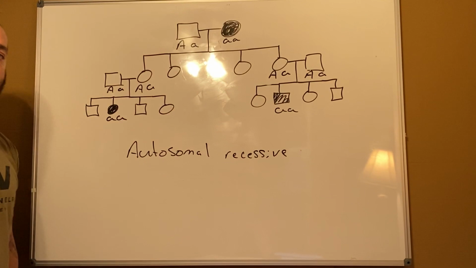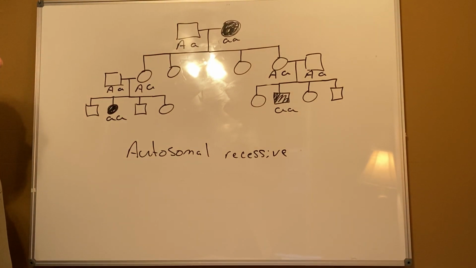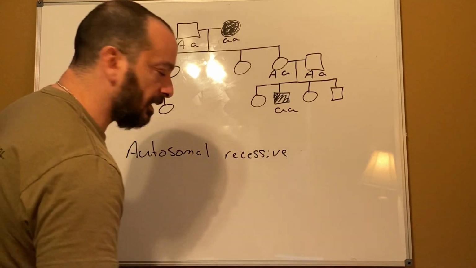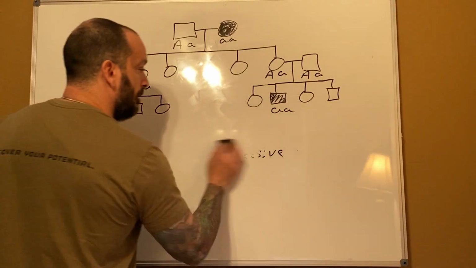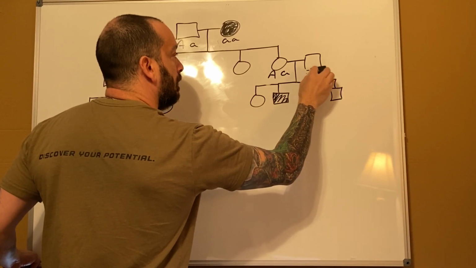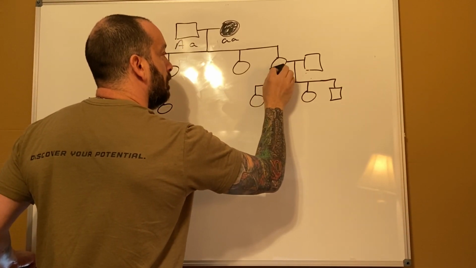I was just looking at some of the answers that some of you guys turned in, and I think a lot of people said that this was X-linked. So let's look at this as X-linked and see, can we make that work, right? So let's take a look at if that can work. Okay.